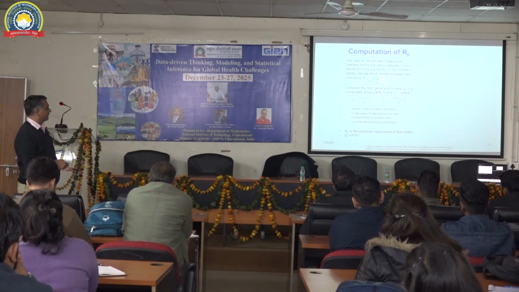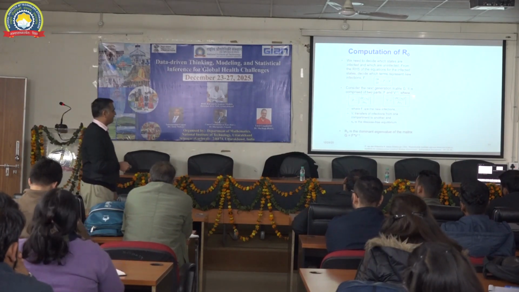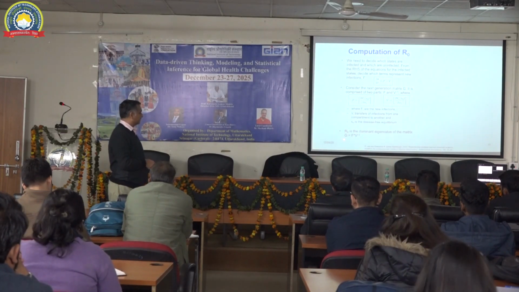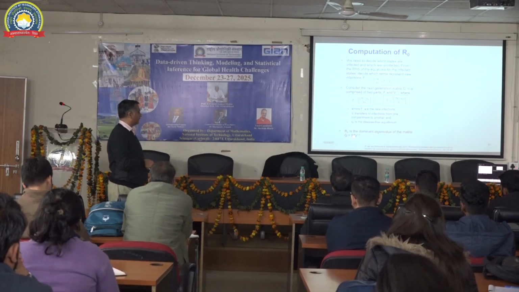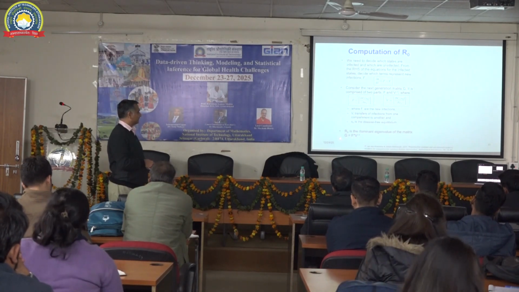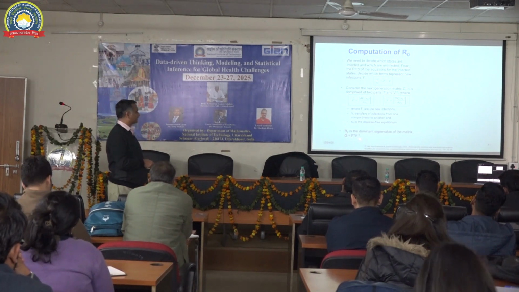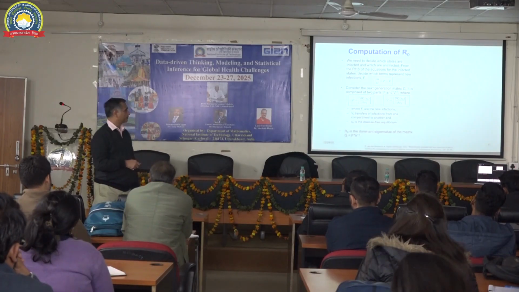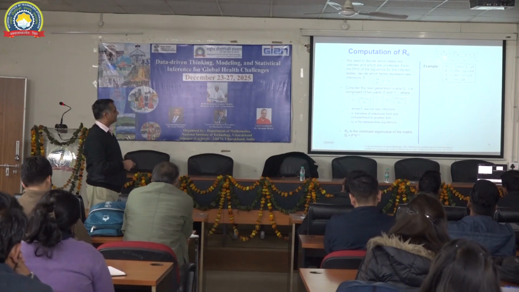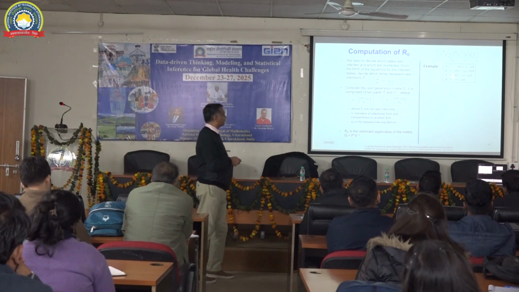Then it computes, at the disease-free state, two matrices, F and V, and R0 is the dominant eigenvalue of F times V inverse. Okay, so let's see how we will compute it. Suppose this is a model, S, E, I, and R, and this is what the equations of the model look like.